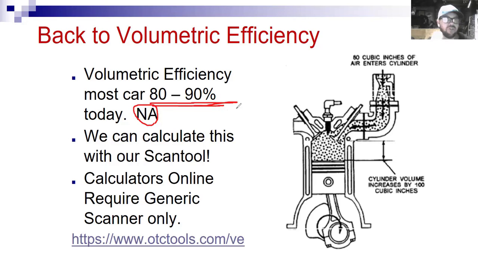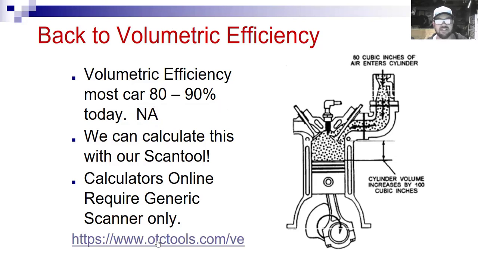With our OBD2 generic scan tool, even with our little scanner interface and our cell phone app, we can actually calculate what our engine's volumetric efficiency is. So to do this, we need the data coming off of our scanner, and we need a volumetric efficiency or VE calculator. And this is super slick.